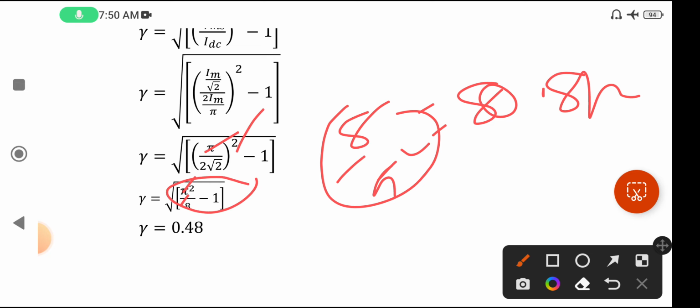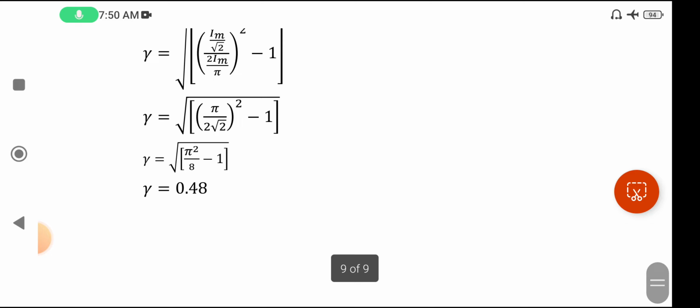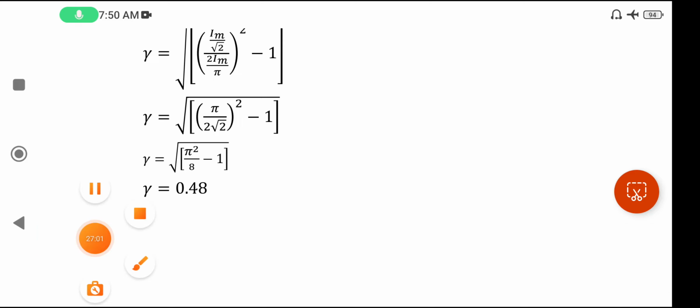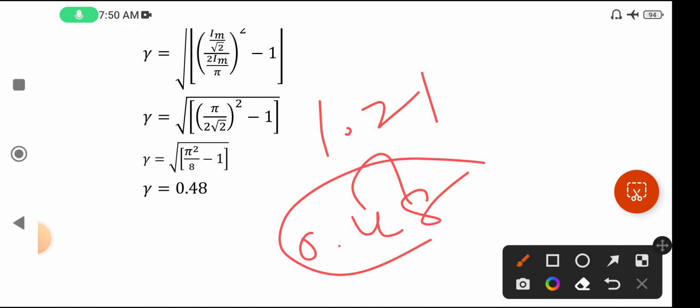If you simplify and solve this, you get the gamma value of 0.48. It means at the output less AC is present. Compared to the half wave rectifier ripple factor of 1.21, the value is again reduced, meaning AC at the output is reduced. So in full wave rectifier and bridge rectifier, AC is reduced compared to the half wave rectifier.